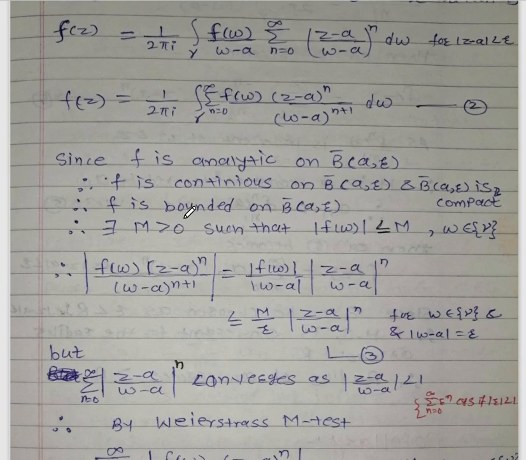So f is continuous on the closed circle with center a, radius r, which is also compact. Therefore f is bounded on the closed circle. So by using the Cauchy estimate, there exists M > 0 such that |f(w)| <= M, because w lies on the circle.